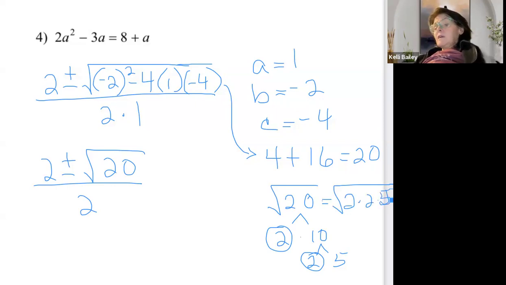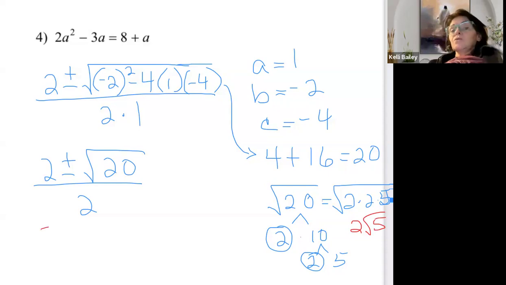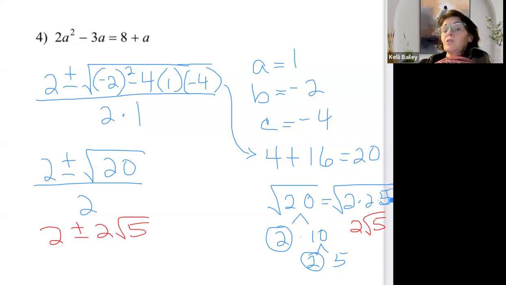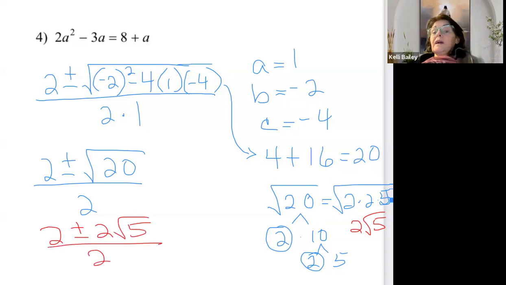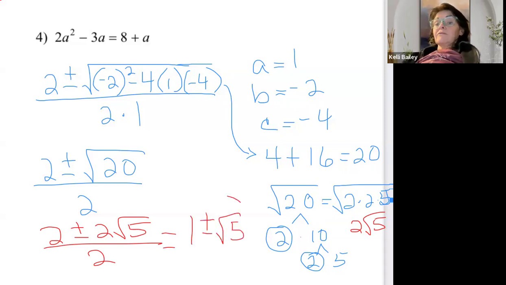And so this simplifies to be 2 times the square root of 5. Okay, so 2 plus or minus 2 times the square root of 5 over 2. And 2 goes into 2 once on both. So that gives me 1 plus or minus the square root of 5 for that answer.